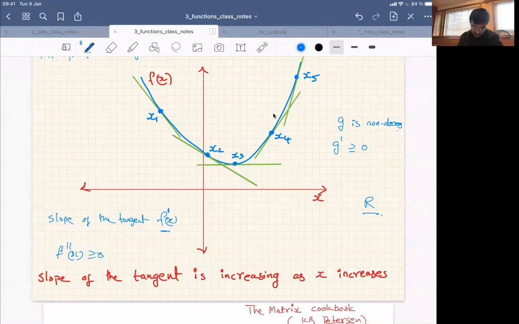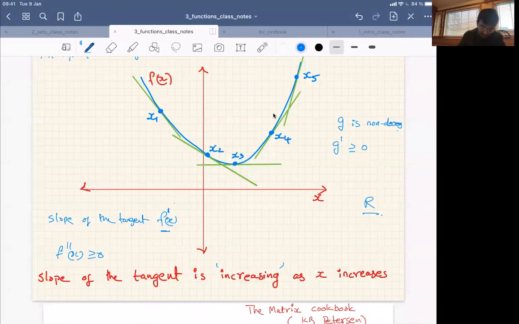Now I'm saying that the derivative of this f dash x, that is f double dash x, is greater than or equal to 0. That means f dash x is non-decreasing. So the slope of the tangent increases as x increases. You have to say non-decreasing, not increasing. Increasing and non-decreasing are slightly different, right?